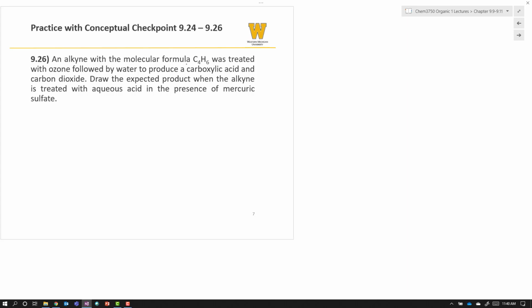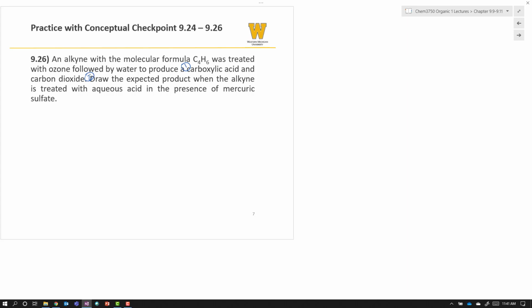So that's one part of this question. The second part is also asking to do a different reaction. Draw the expected product when the alkyne is treated with aqueous acid in the presence of mercuric sulfate.